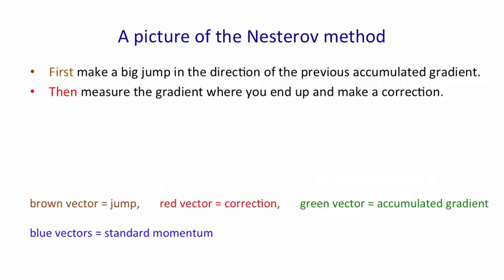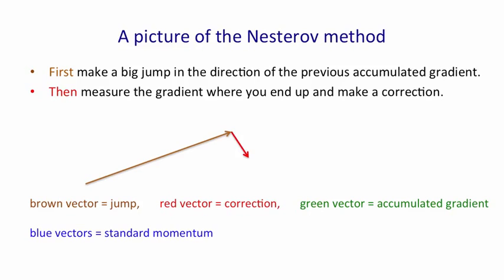So here's the picture, when we first make the jump and then make a correction. Here's a step in the direction of the accumulated gradient. So this depends on the gradient we'd accumulated on our previous iteration. We take that step. We then measure the gradient and go downhill in the direction of the gradient, like that.